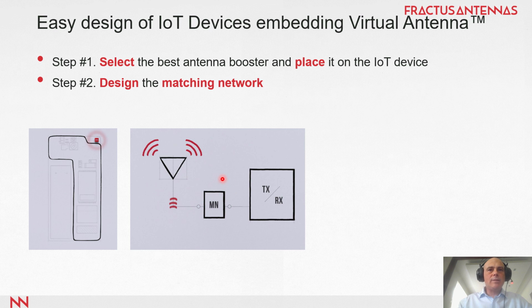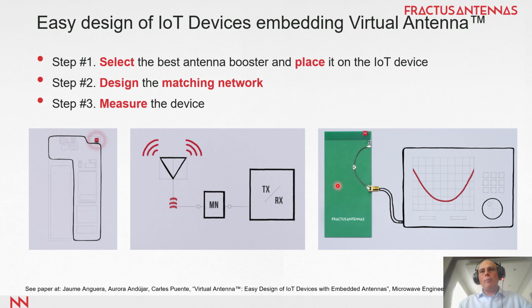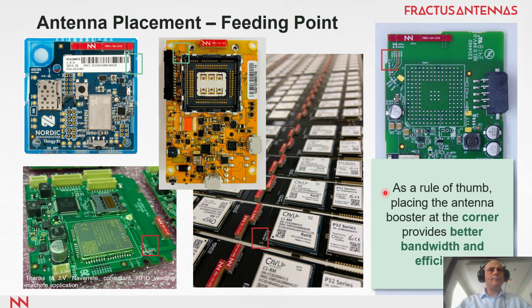And the matching network, you can see here, is between the antenna booster and the transceiver. And the last step is to verify that everything works in terms of impedance and efficiency. So at the end, if everything goes well, this means that you will have good range and a good battery life for your device. So let's see step number 1.